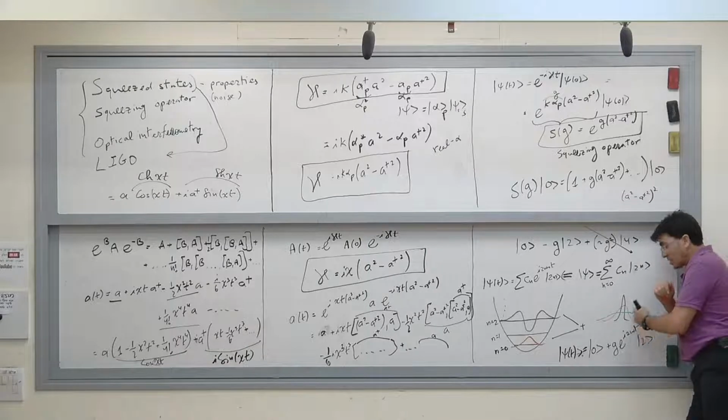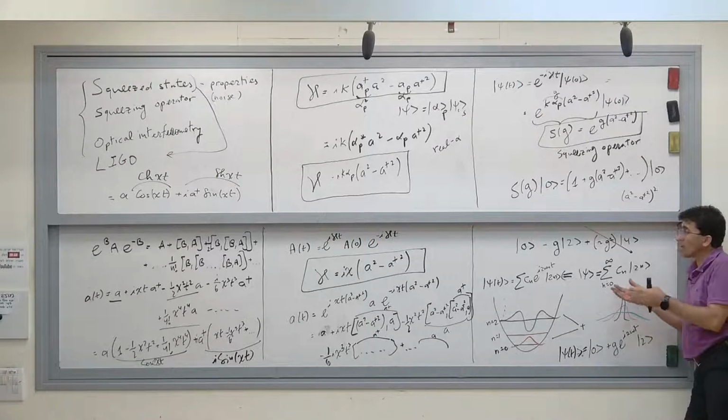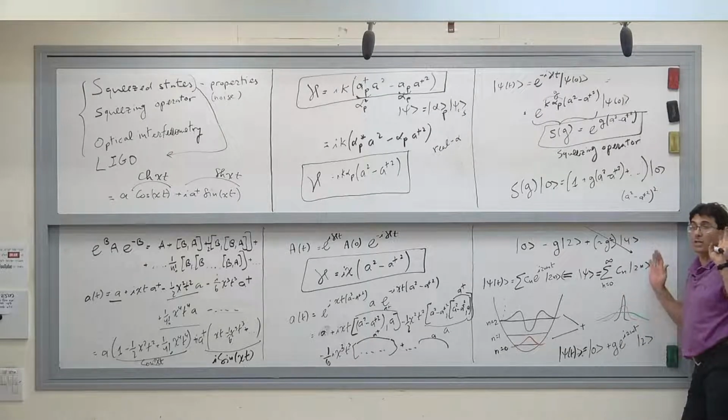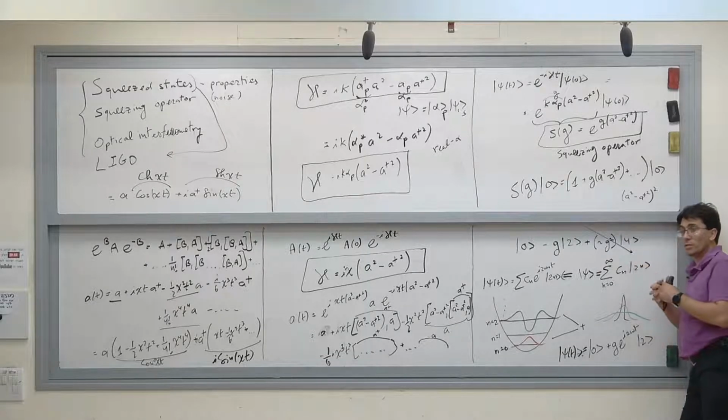So you see that this state, after it passed through the nonlinear crystal, exited the nonlinear crystal in some way. Then it's moving according to the free Hamiltonian. It's not interacting in the nonlinear crystal anymore.